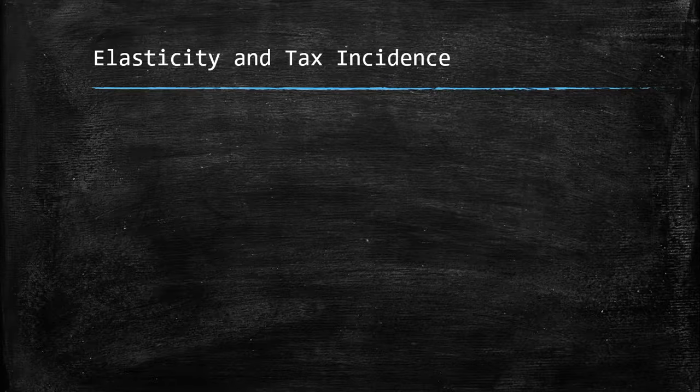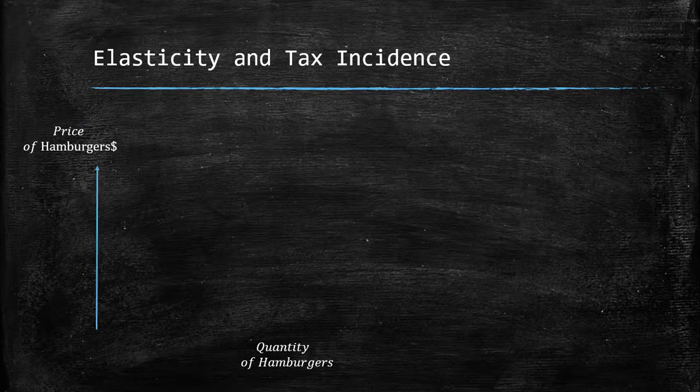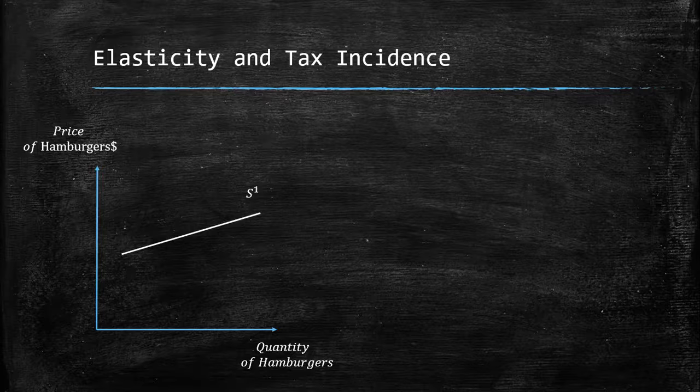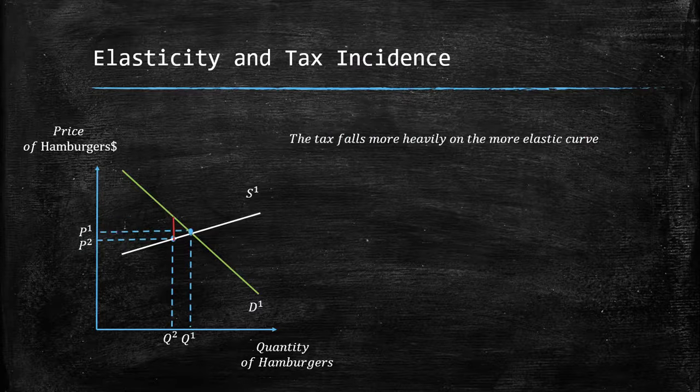What is the importance of elasticity and tax incidence? The importance of elasticity in taxation is that it determines who is going to be more heavily affected. So here, for example, imagine that this supply curve, as you notice, is a little bit more flat. So this is more elastic compared with the demand. So what's happening here?